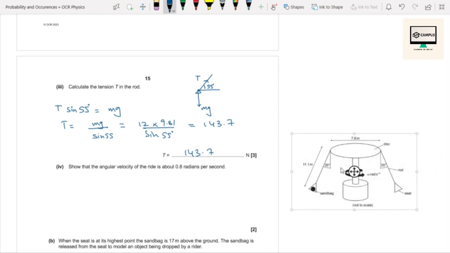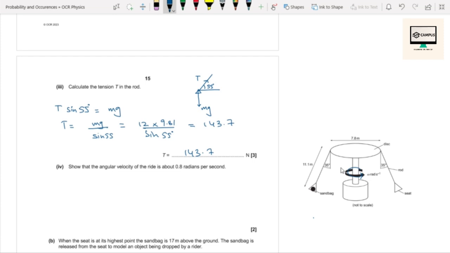Show that the angular velocity of the ride is about 0.8 radians per second. So we have to calculate the angular velocity of the rod, this rod here. The first thing that comes to mind is the force acting on this ride.